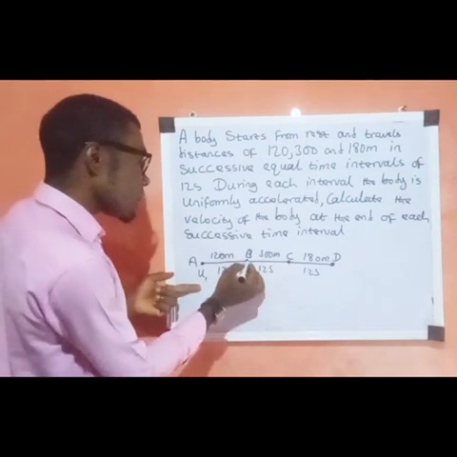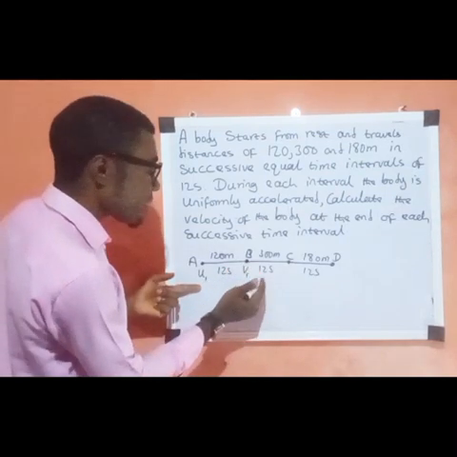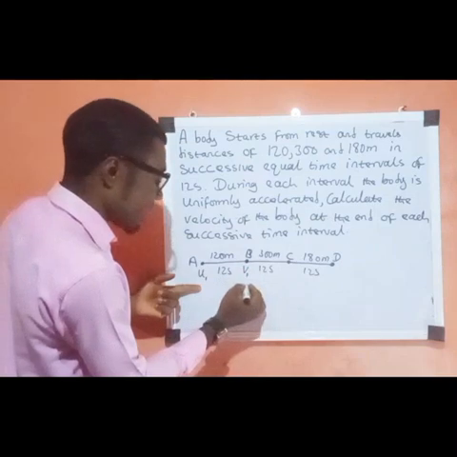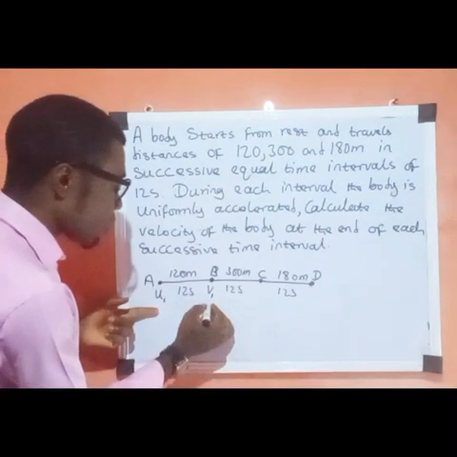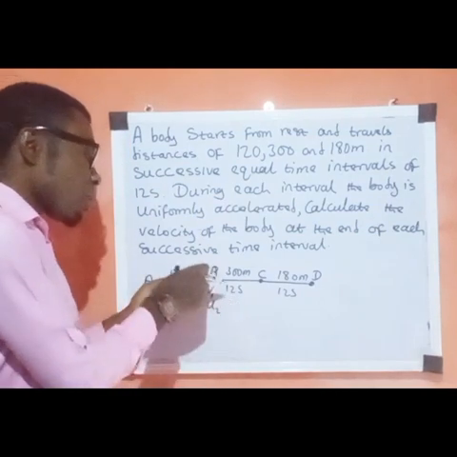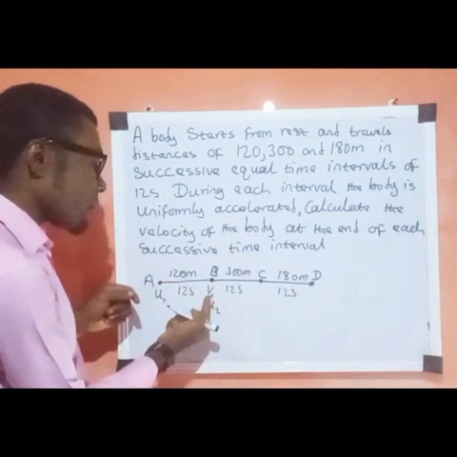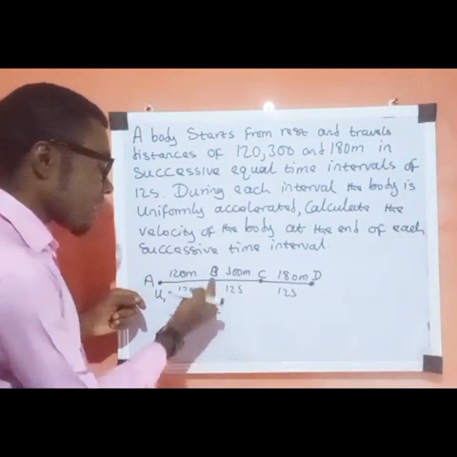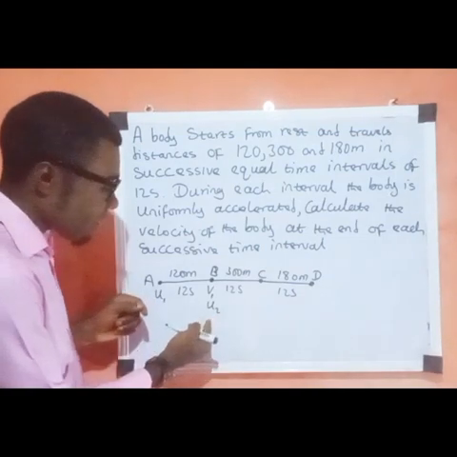But this same point where the first interval ended is where the second interval began. So let's call this u2 for the second interval. This point, the final velocity for the first interval, is the initial velocity for the second interval.